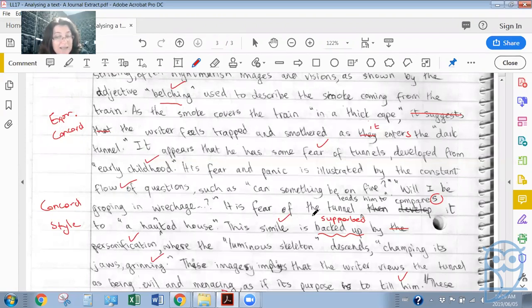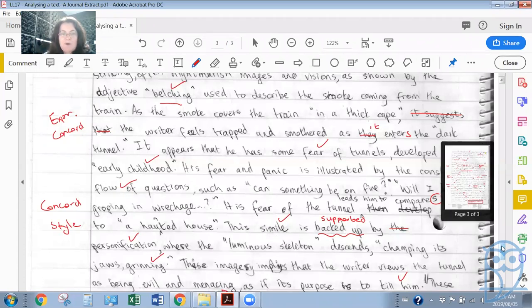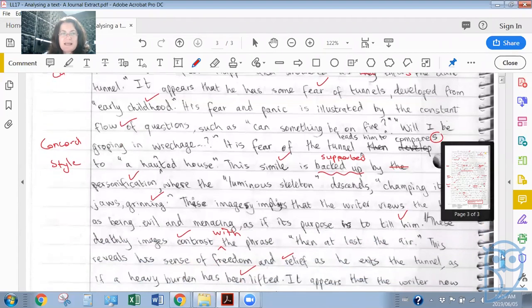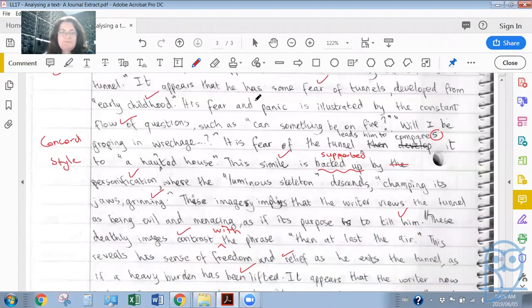This simile is supported by personification, where "the luminous skeleton descends, champing its jaws, grinning." Okay, so giving some sort of human-like traits, grinning and biting. These images imply that the writer views the tunnel as being evil and menacing, as if its purpose is to kill him.